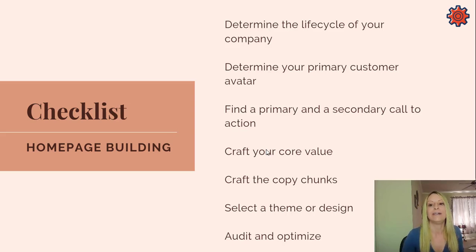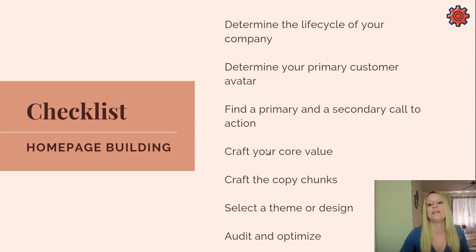Then find the primary and the secondary call to action you're going to use on your homepage. Craft your core values, what I just talked about. Don't put a lot of values, just find one or two, maximum three, from what I showed you before, and use those as core values.